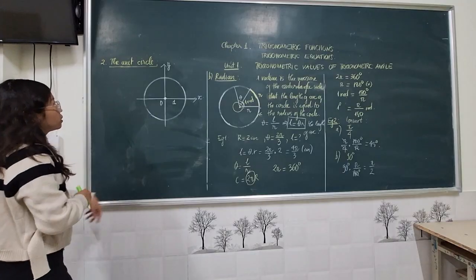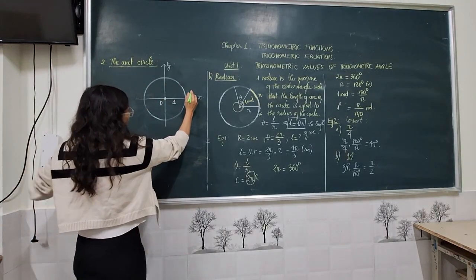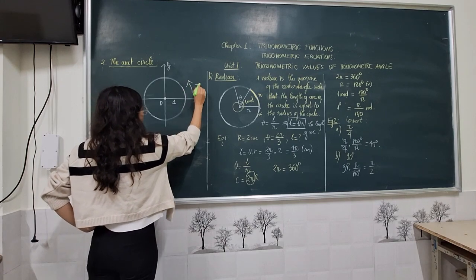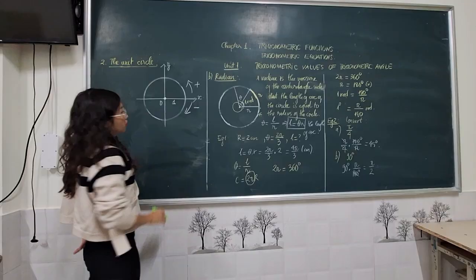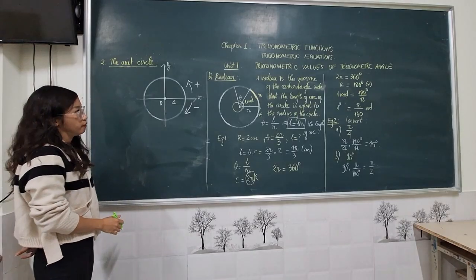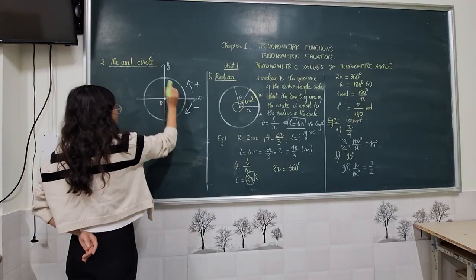And we can see in the coordinate plane, the unit circle has the counterclockwise direction considered positive and clockwise is considered negative.